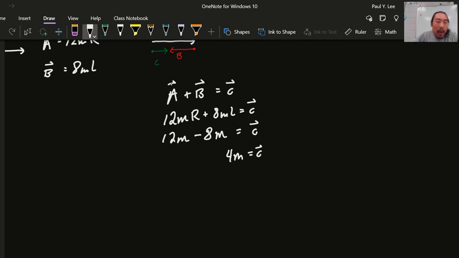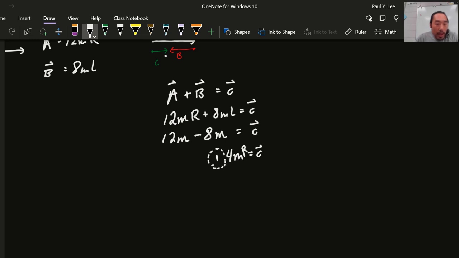And because this is a vector, remember this answer needs a direction. You might be thinking, well, Mr. Lee, why don't you write the direction here? And if we look at the arrowhead, we started at the start, and our arrowhead points to where we ended, so in this case to the right, this would be 4 meters to the right. But remember what I said before, if there is no direction there, it's assumed that whatever is in front of here tells us the direction.